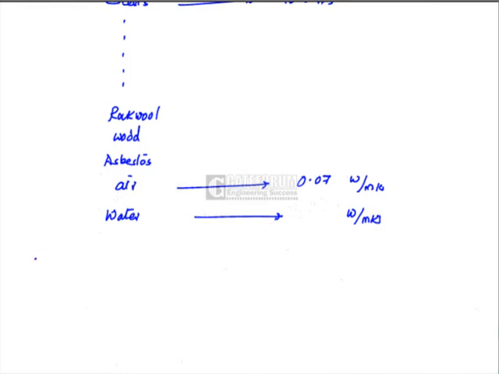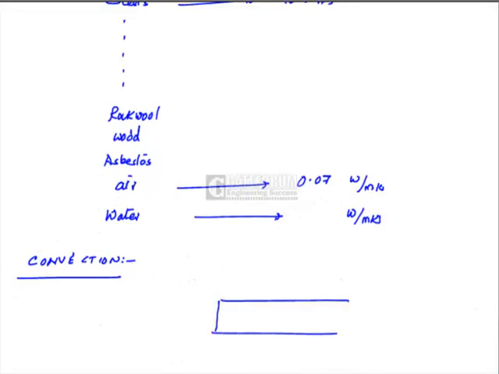Now let us move to the second mode of heat transfer called convection. In this phenomenon of convection heat transfer, heat is transferred from a hot solid body to the surrounding fluid.